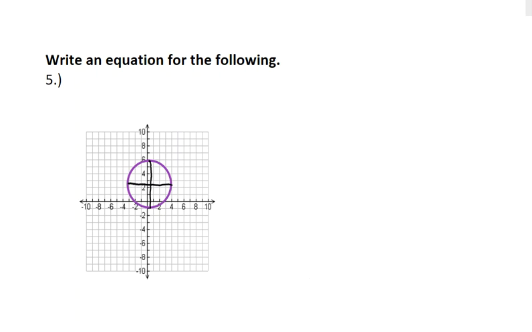What you can see is that where they cross right here, that's going to be approximately 0.5 and about 2.5. So this is my h and that's my k.